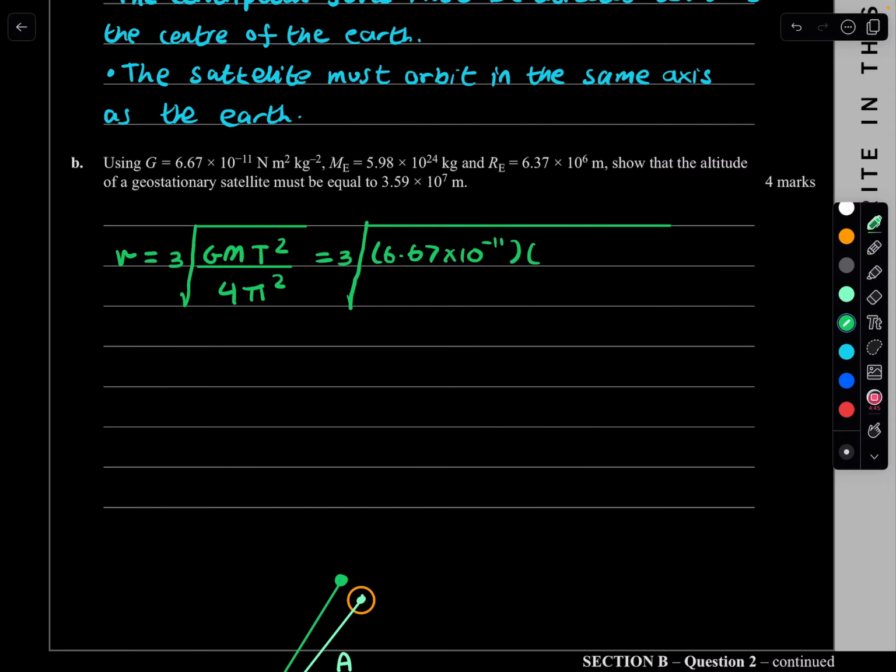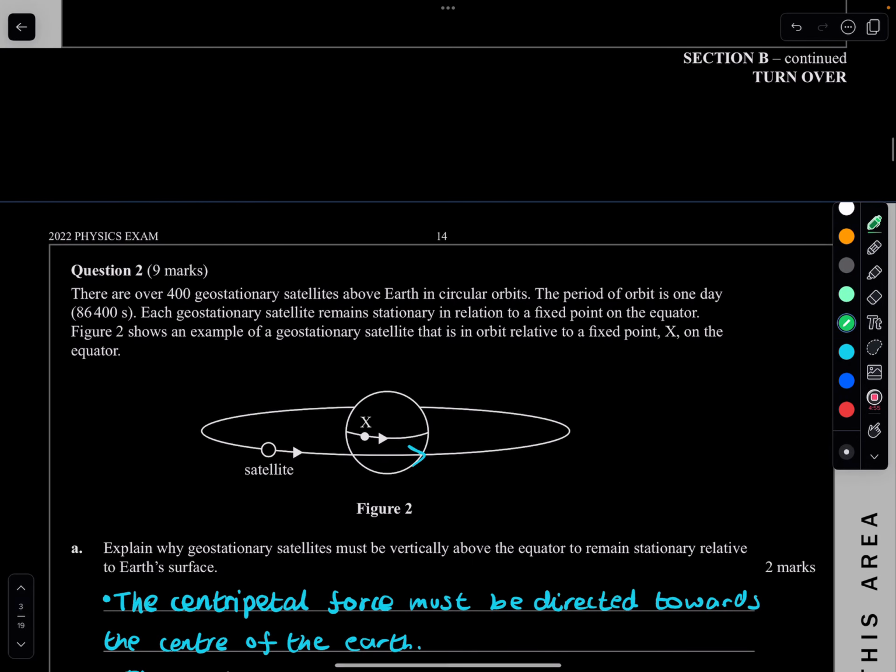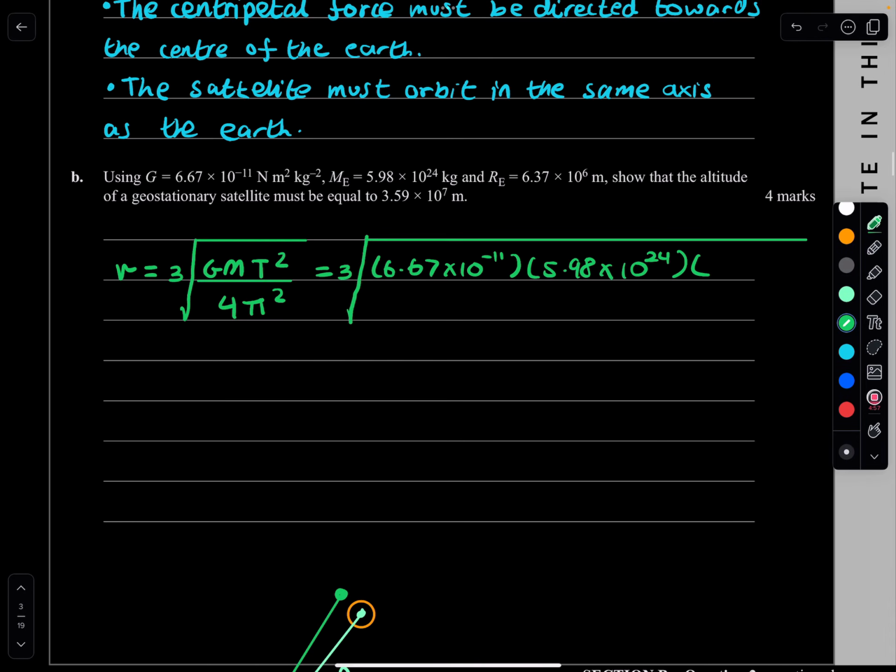Your mass of the Earth is 5.98 times 10 to the power of 24. Your period, what was our period? They did tell us 86400. So 86400 squared, and we divide all that by 4 pi squared. That's going to give us our radius. Done. Let's use our calculator.